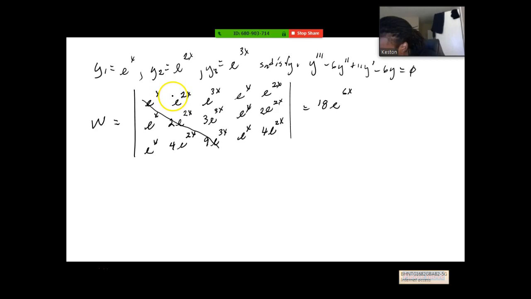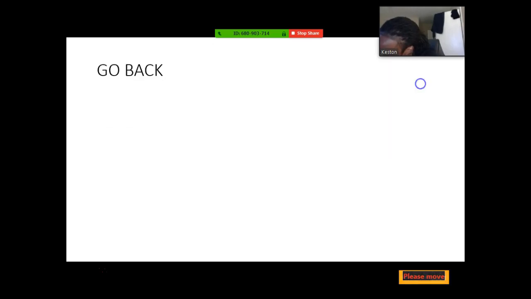Going down the other way, the next diagonal, you get 3 plus 3 e to the 6x. And the third diagonal is a plus 4e to the 6x.